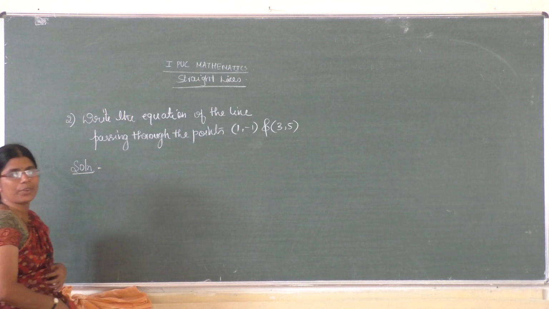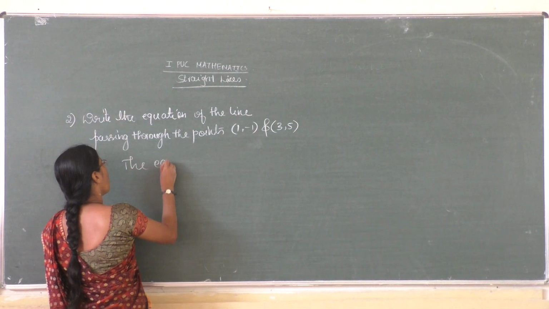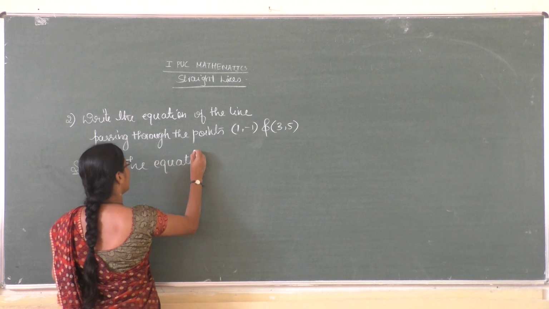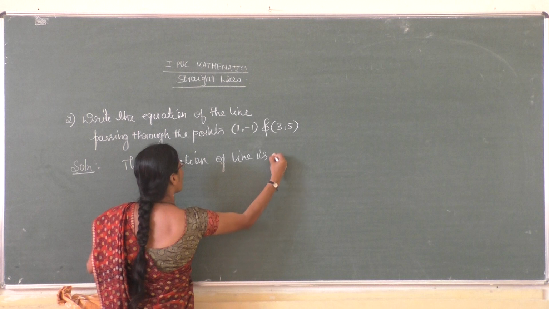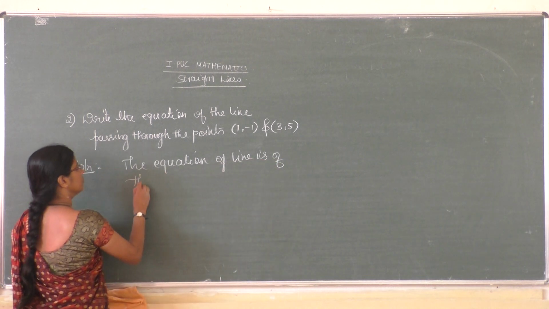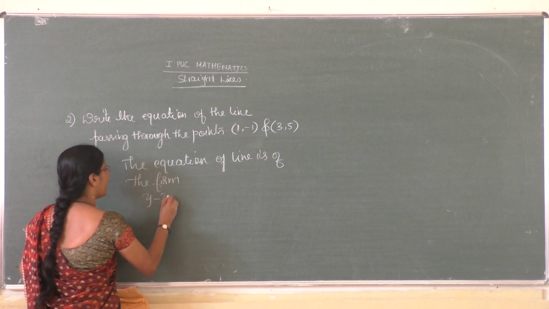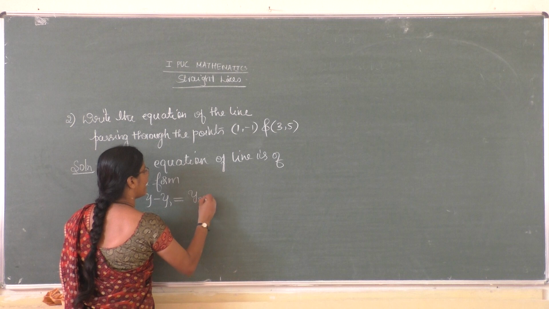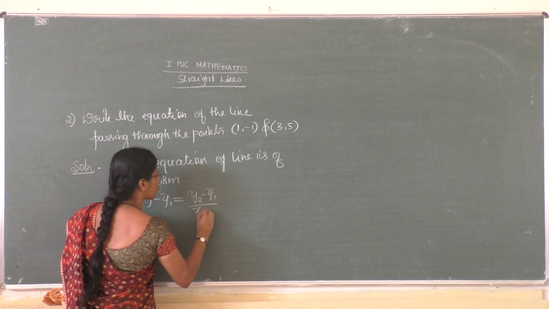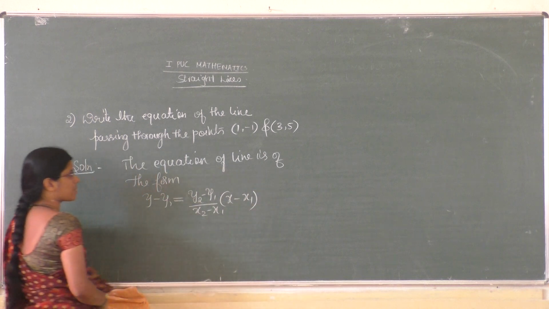We have to write now the 2-point form. The equation of a line is of the form y minus y1 is equal to y2 minus y1 divided by x2 minus x1 into x minus x1.